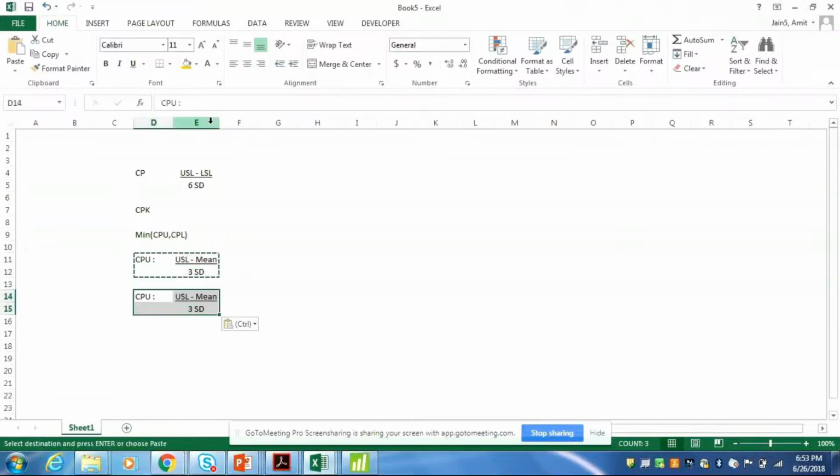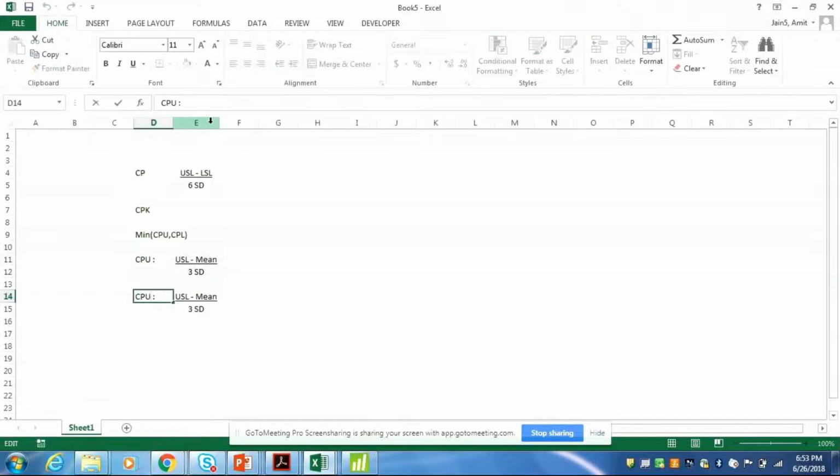And CPL is calculated as mean minus LSL by 3 standard deviation. So whichever is lower would become CPK.